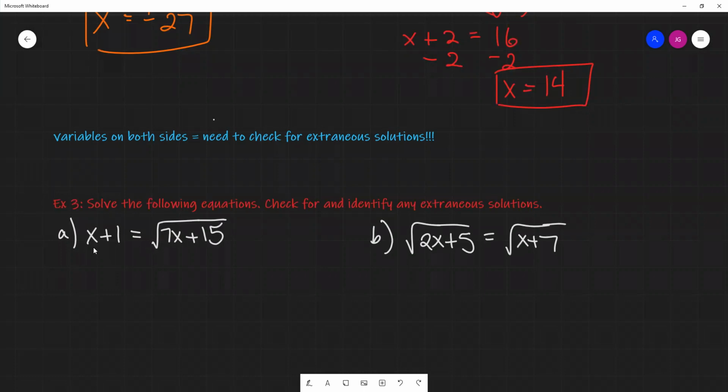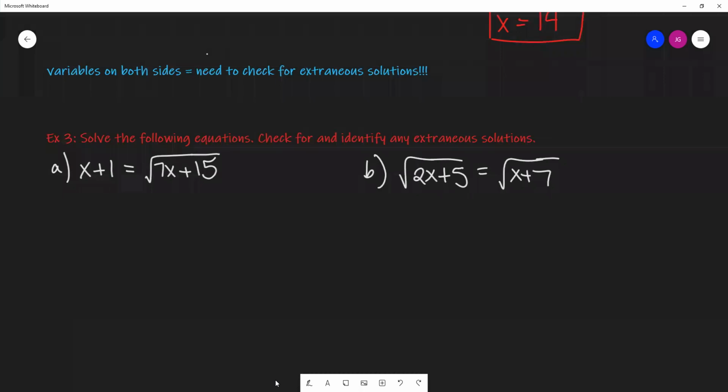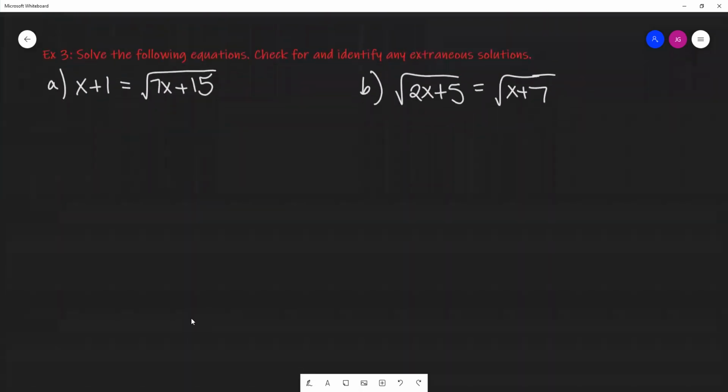And so this can have both positives and negatives. But when I square this out, I'm getting rid of the negatives, and that lets me take a solution without really asking. I might end up getting more than one answer because it's going to get rid of the negatives. And so you'll see right now that we're going to get 2 answers, but only one of them is going to work.